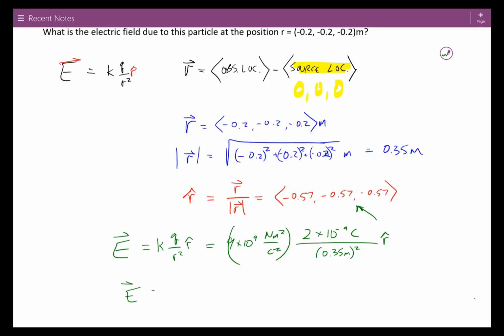And so when you plug in and chug all of that, you get a minus 84 in all three directions, newtons per coulomb.